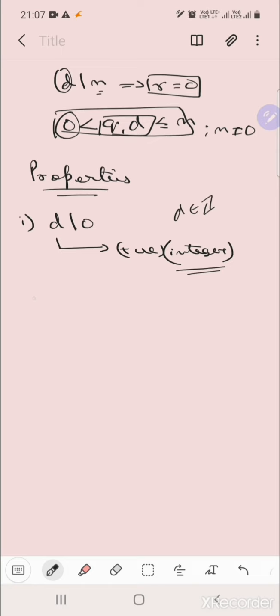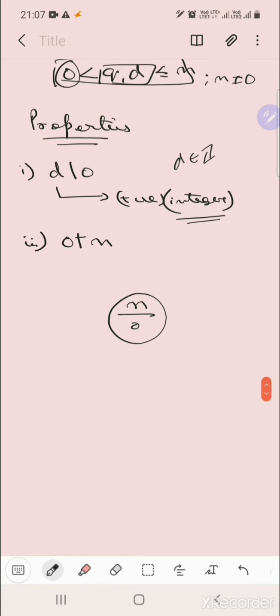Clear? Next, 0 cannot divide any integer. You cannot divide any integer by 0. That will basically give you an indeterminate form.